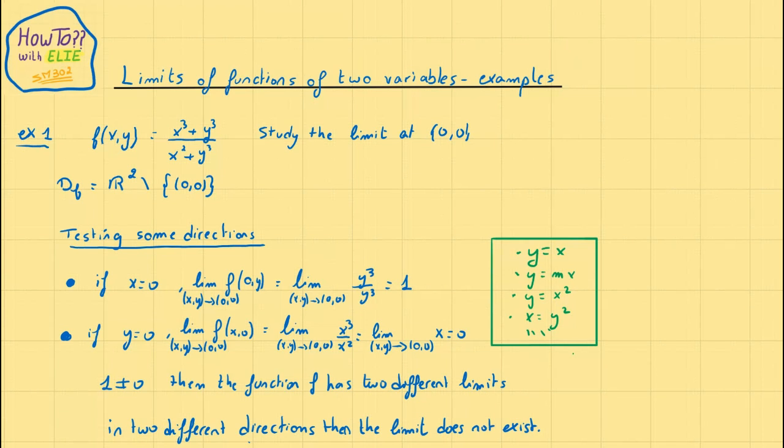You can try y equals x^2, for example, when you have something like x^4 plus y^2. So you test y equals x^2 in order to have x^4 plus x^4. Of course these paths, y equals x, mx, x^2, x equals y^2, they all pass by the point (0,0). That's why I'm proposing them. Because if your point is not (0,0), you have to try other directions that go through the point where you are looking for the limit.